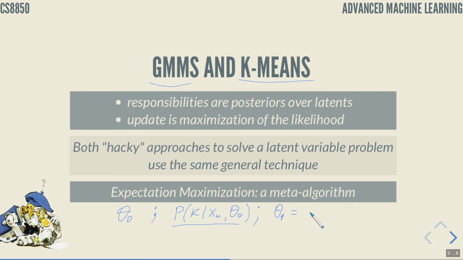So maximum likelihood estimate usually is computed with respect to the current parameters, but we are using previous parameters that we obtained by using the previous values of guessed parameters in the estimate of the new parameters.